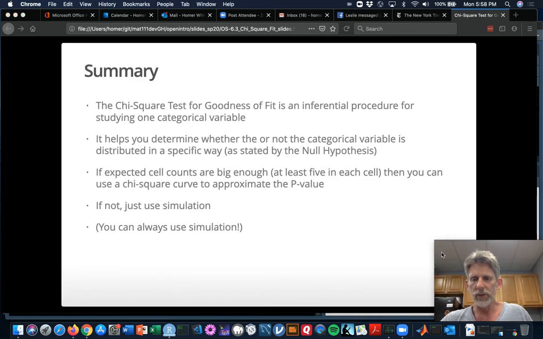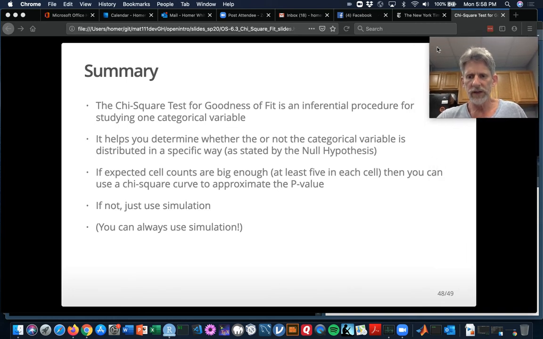So the basic summary here is that the chi-square test for goodness of fit is a nice inferential procedure if you're studying one categorical variable.